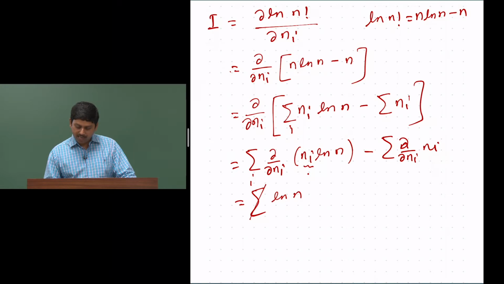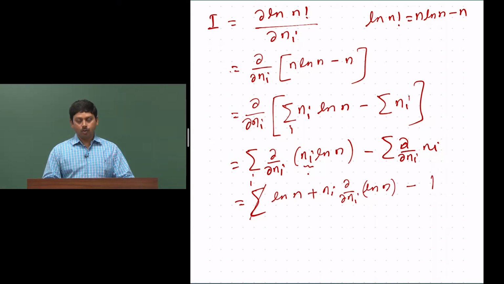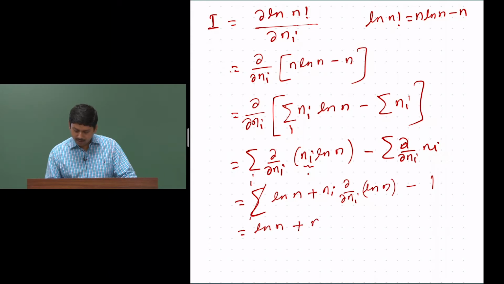So, ln N will survive, plus now I have n_i times differentiation of ln N. Let us do that in the next step. On the left hand side I will still get 1 because only one term will survive. So, ln N plus n_i.